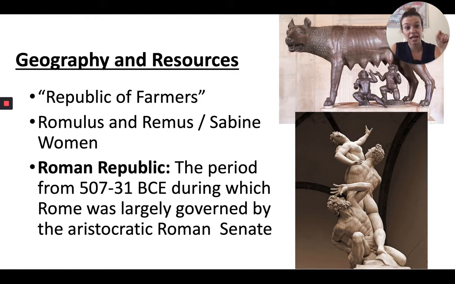So hence the statue in the upper corner of these two babies suckling a wolf. A she-wolf nurses them until they are eventually found by a farmer who raises them as his own. They grow up to be great warriors. They found the city of Rome. Eventually, Romulus murders Remus and takes power. That's why the city is Rome, not Rheme.